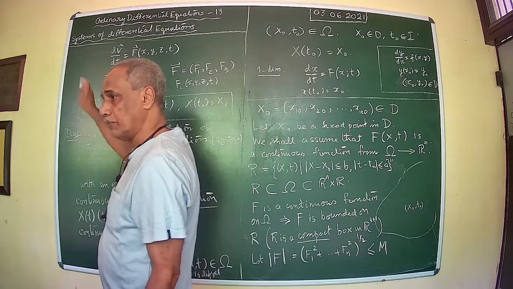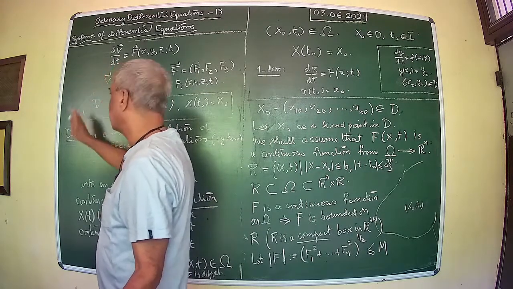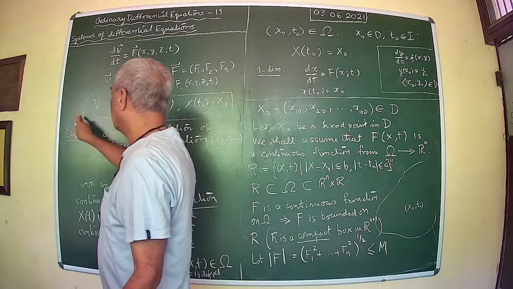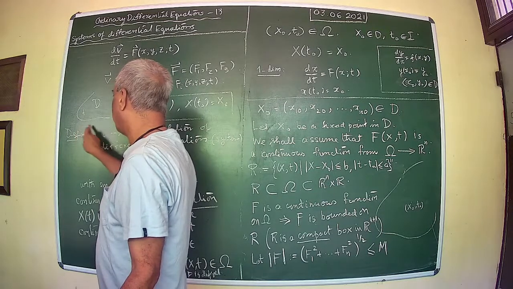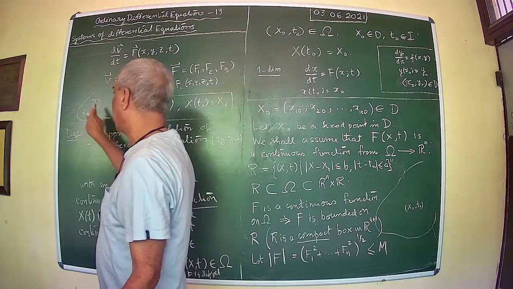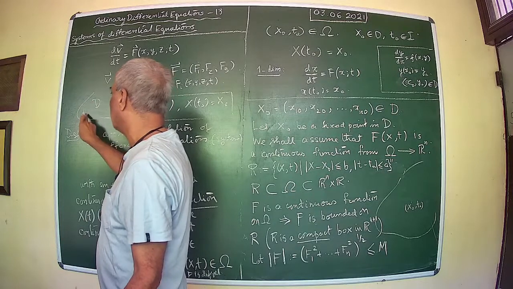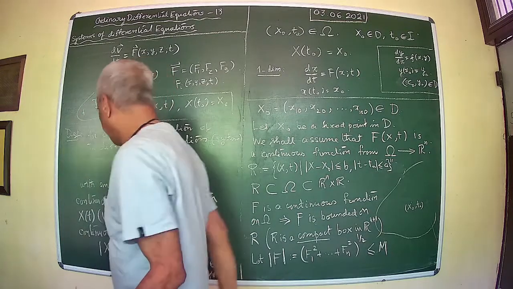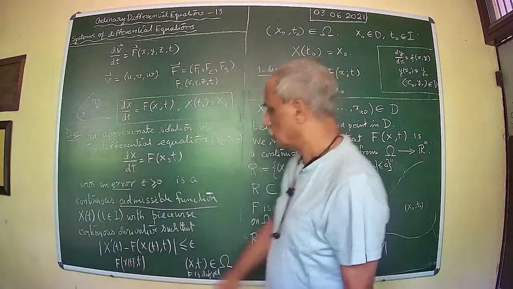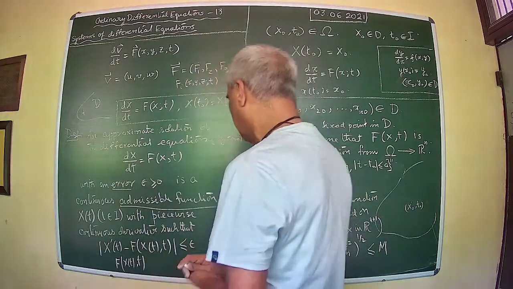So what we want for an admissible function is that for whatever value of t that you take, x(t) has to be in the domain of f. That is the condition so that this becomes meaningful.